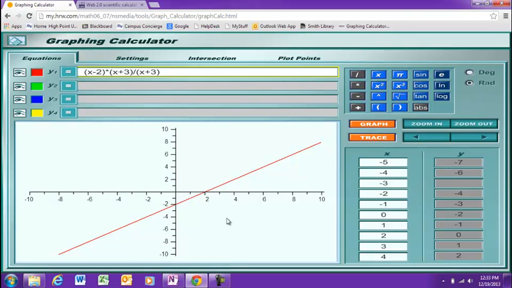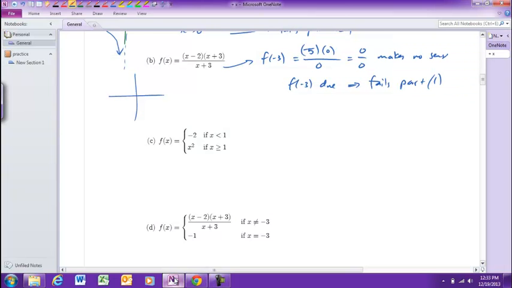So what's going on here is we've actually got a hole in the graph, and the computer and the calculator doesn't understand that. So it tries to graph the whole thing right there, but in fact the graph looks like this. Here's -3, and there's -5. There's a hole, and the graph looks like that.